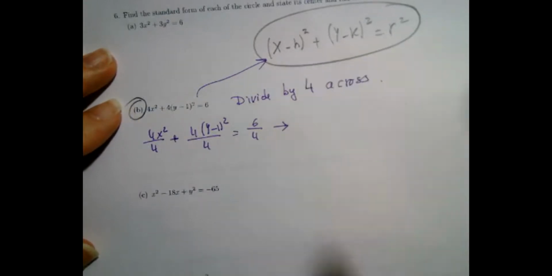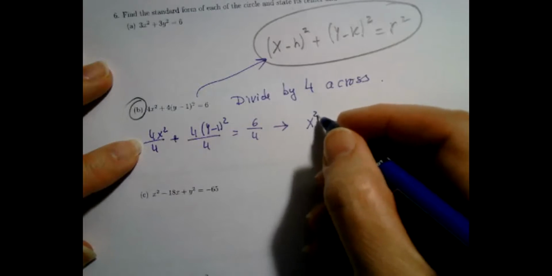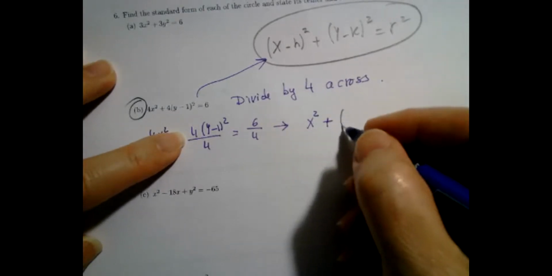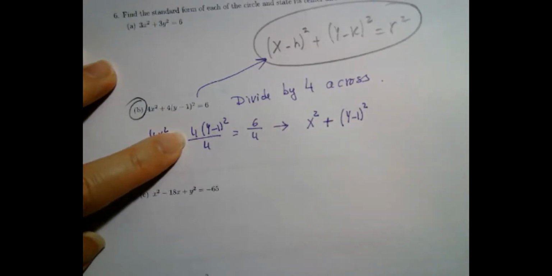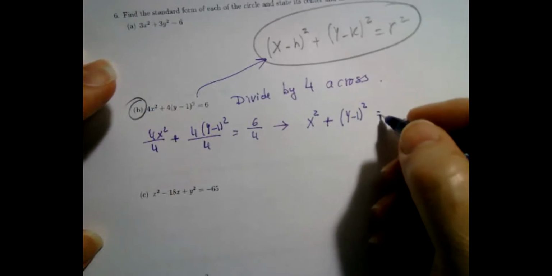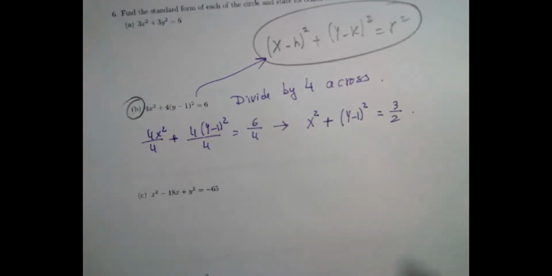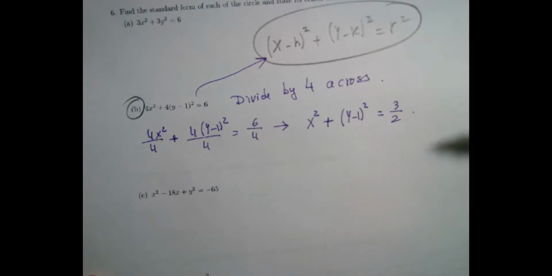Why will this let me get close to this format? 4x squared over 4 will give me x squared. This will give me y minus 1 squared. And this last one, 6 over 4, is 3/2. Does this look like this format? At this stage, this looks like the exact format.